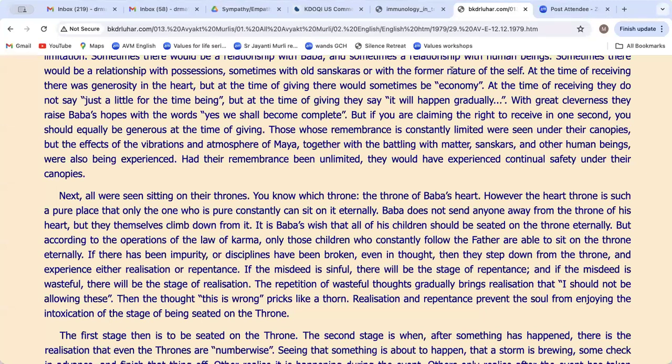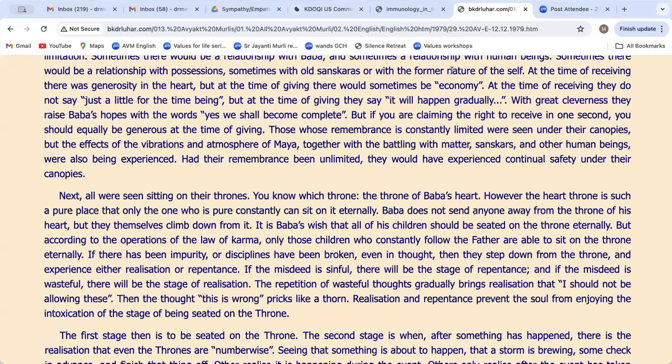So see, so beautiful words, it just reminds me in English, we convert ourselves from thorn into a thorn. Kaanta ho jata hai. Beautiful English words. Realization and repentance. So Mehsusta and Paschata, they prevent the soul from enjoying the intoxication of the stage of being seated on the throne.